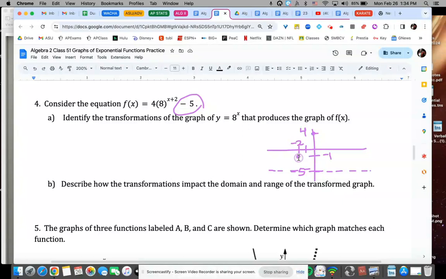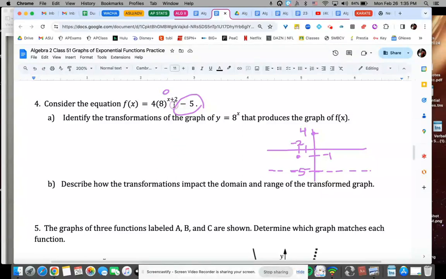Now, it's a rate of 8, so that's just going to get bigger and bigger. As I go over 1, it's like multiply by 8. It's not like slope; it's like times 8, right? So you don't have to be perfect, but I'm curious what the y-intercept is. A lot of times I'll put 0 in for x and see what that comes out to be.